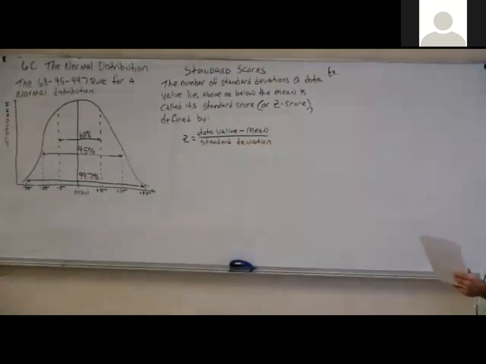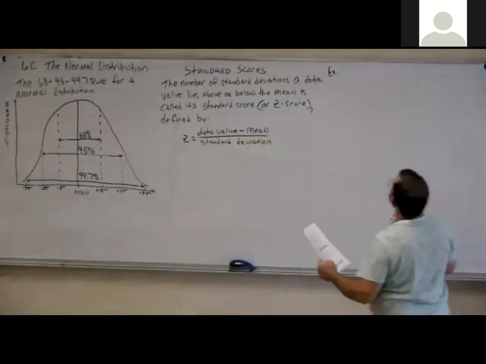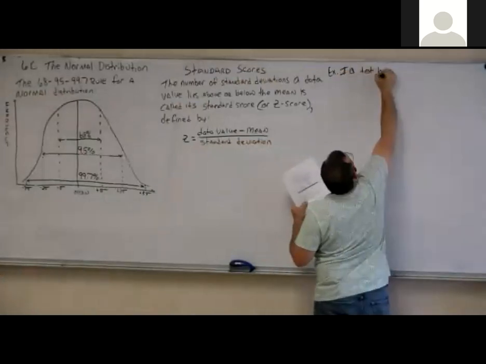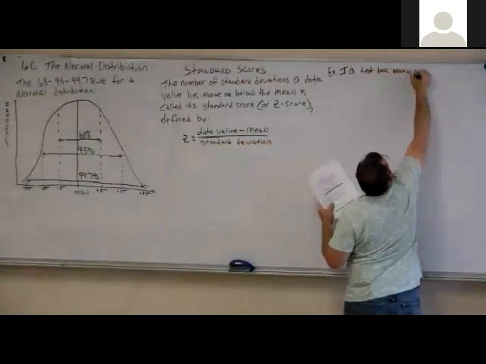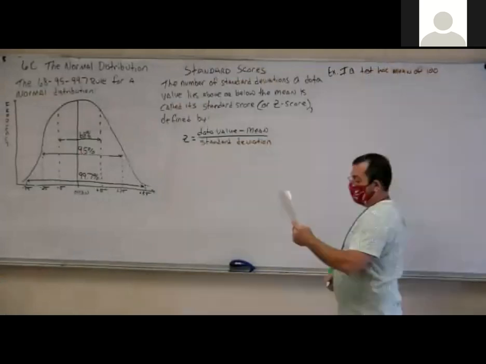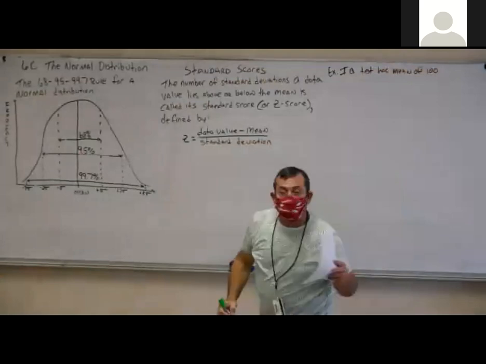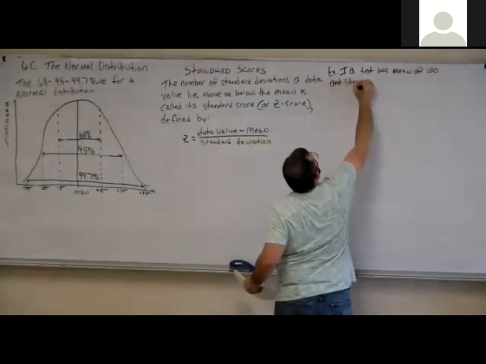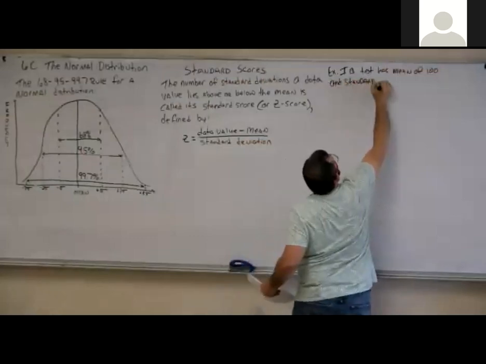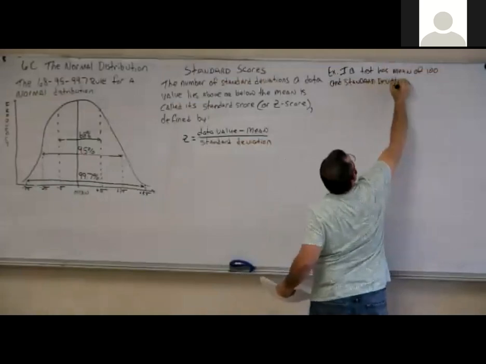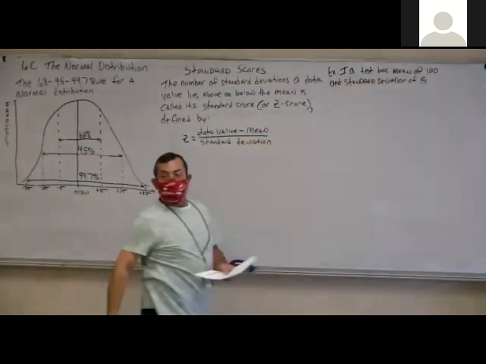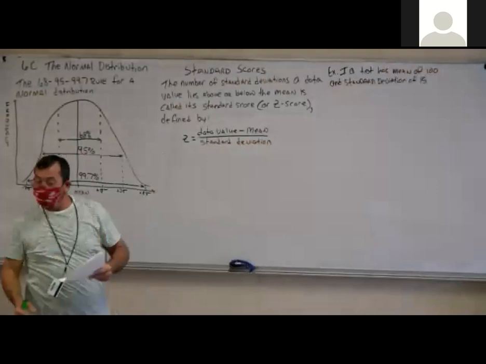It says an IQ test is scaled so that scores are normally distributed with a mean of 100. So the IQ test has a mean of 100, standard deviation of 15. So we've got a mean of 100, standard deviation of 15.